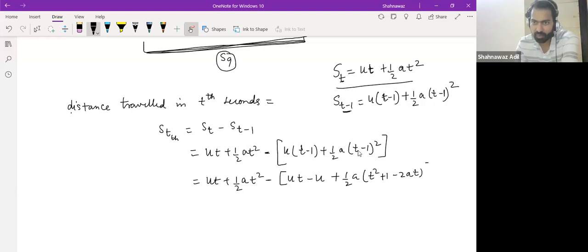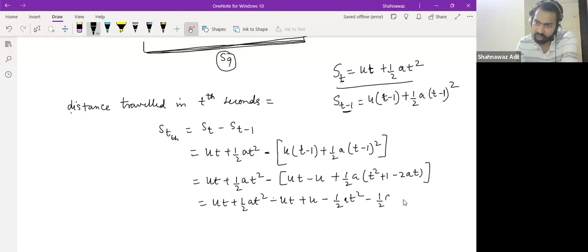Right, guys? (a minus b) whole square is a square plus b square minus 2ab. So this will become what? I have ut plus half a t square minus ut plus u minus of half a t square, and minus of half a and plus of half a into 2t.